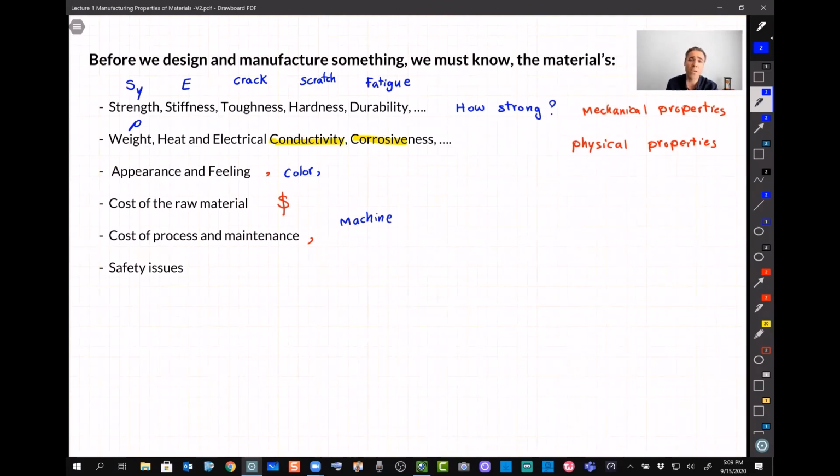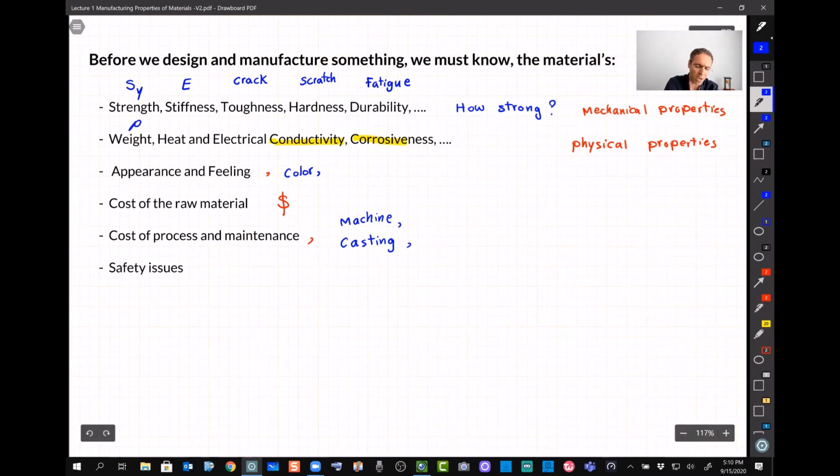For example, you may go with a very hard and very strong material, such as tungsten, but you cannot machine it. If you decide to do it by casting, then it is important for you to know the melting point of the material. If you go with a material whose melting point is high, it's going to be very, very expensive for you.